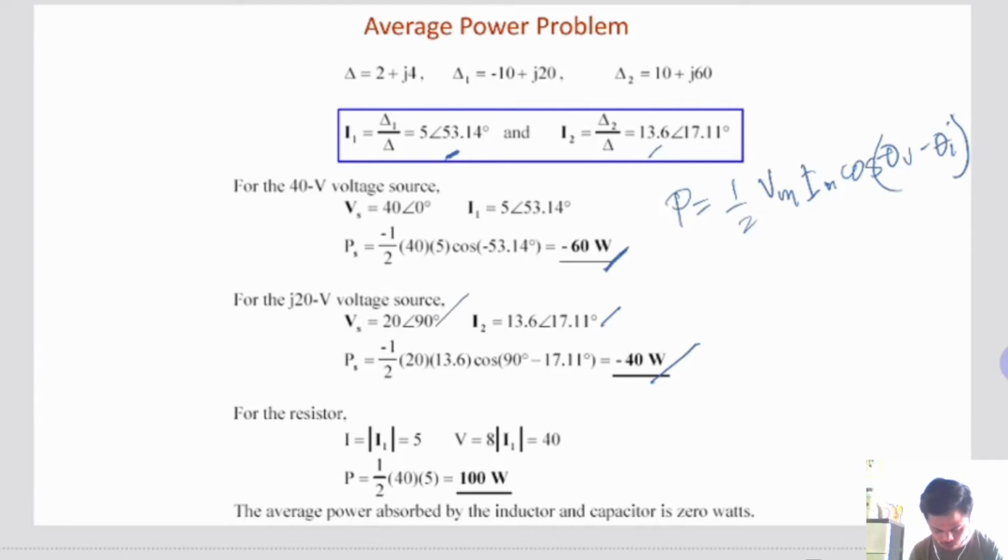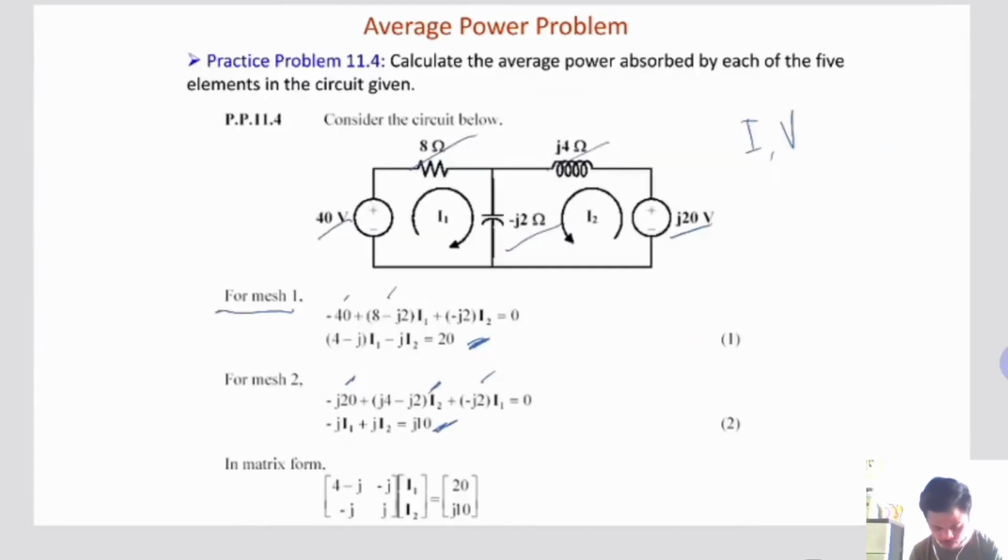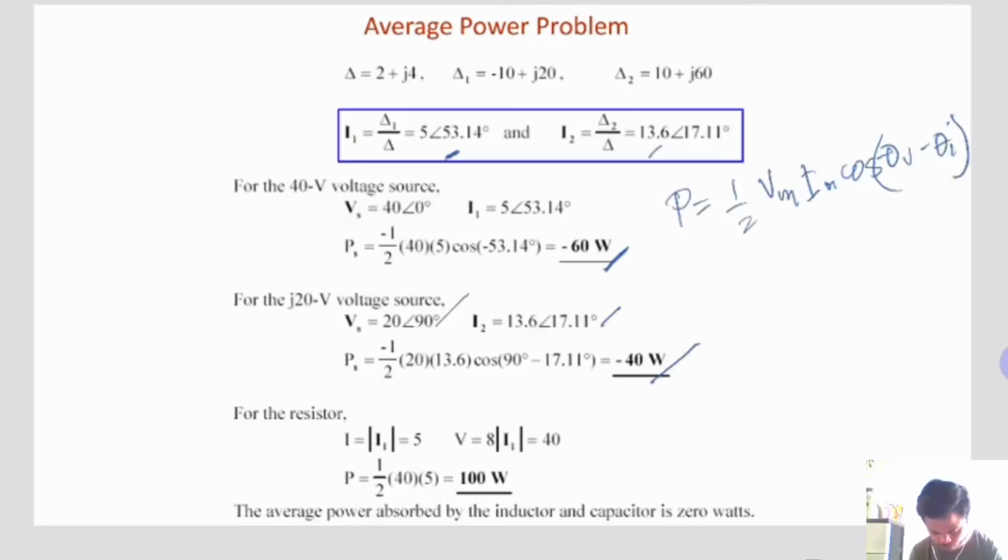For the resistor, we will compute the voltage. The voltage is 8 times the current flowing through that element. This is 40 volts. And since for the resistive load theta V minus theta I is equal to 0, if we substitute the values into that equation, this gives us 100 watts.